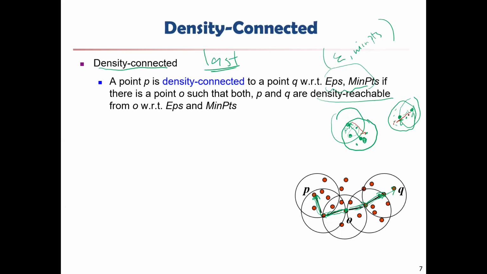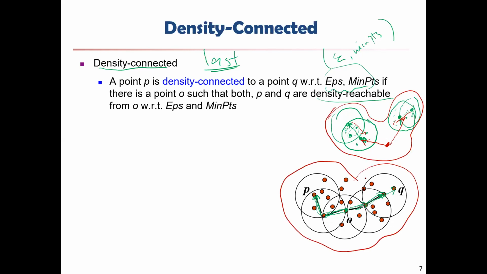So the only choice you are left with is to find someone in the middle from which you can be reached, and with the help of this one, you will be connected, like in this case.